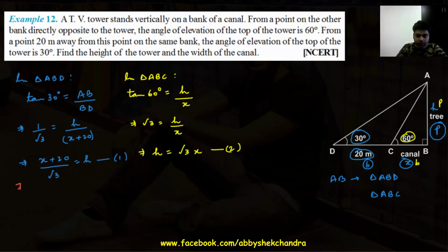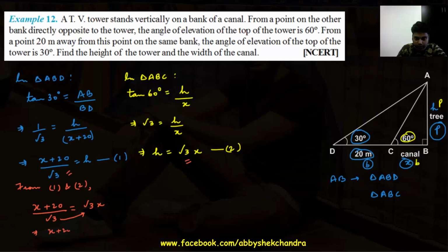Now from 1 and 2, what can we say? This is also h and this is also h. Both these values will be equal. So x plus 20 by root 3 will be equal to root 3 times x. Take this root 3 to the other side.